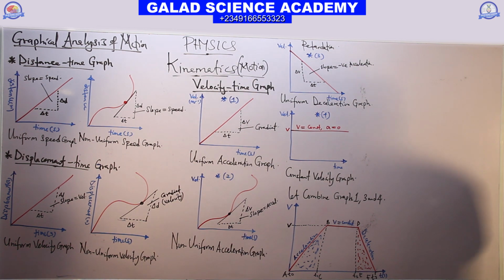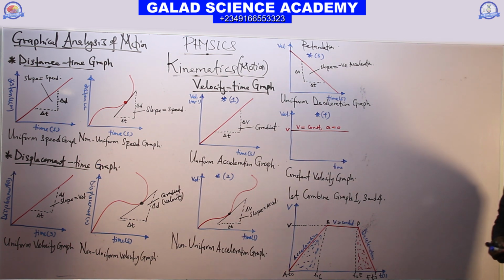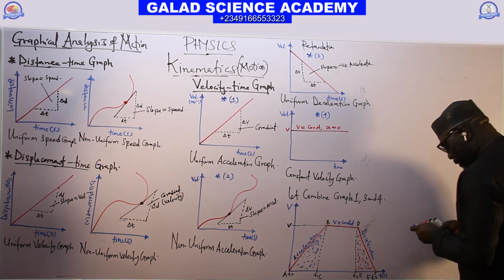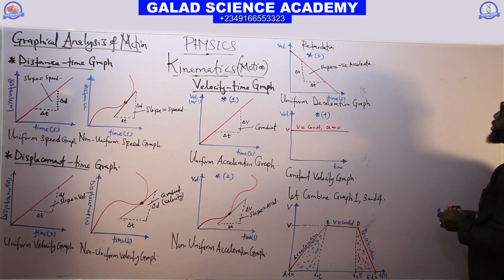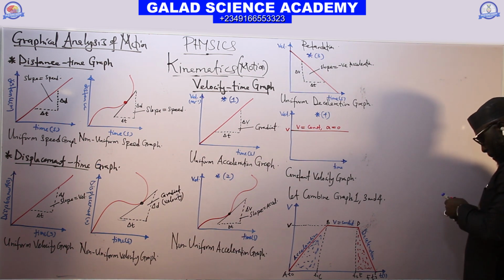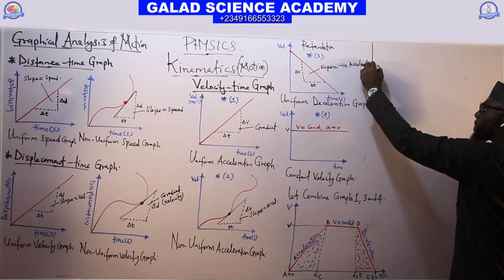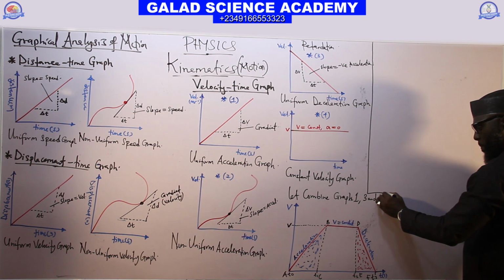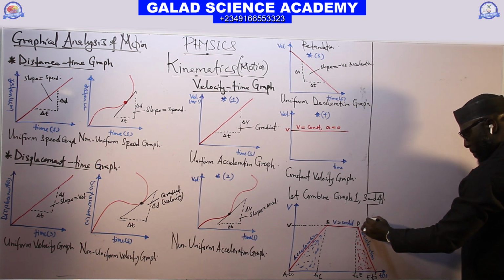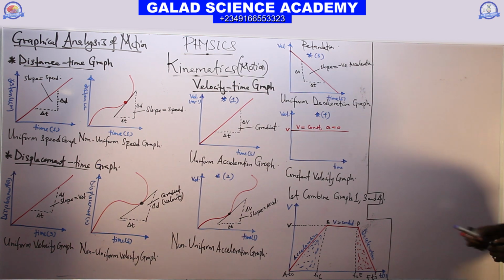So from this graph now, we can deduct 3 things here. Three things. Deduction from the graph.